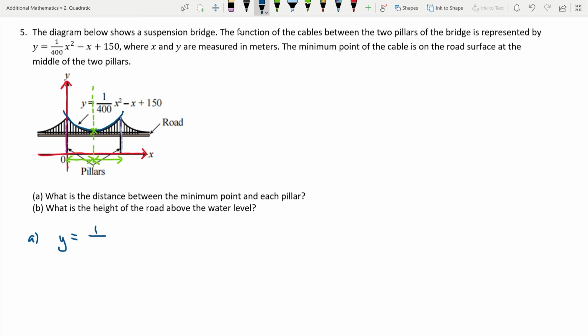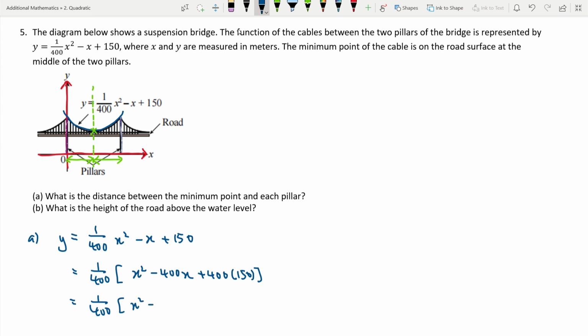y is equal to 1 over 400 x squared minus x plus 150. Factorize 1 over 400 outside. We are left with x squared minus 400x plus 400 multiplied with 150, which is 1 over 400 bracket x squared minus 400x plus 60,000.